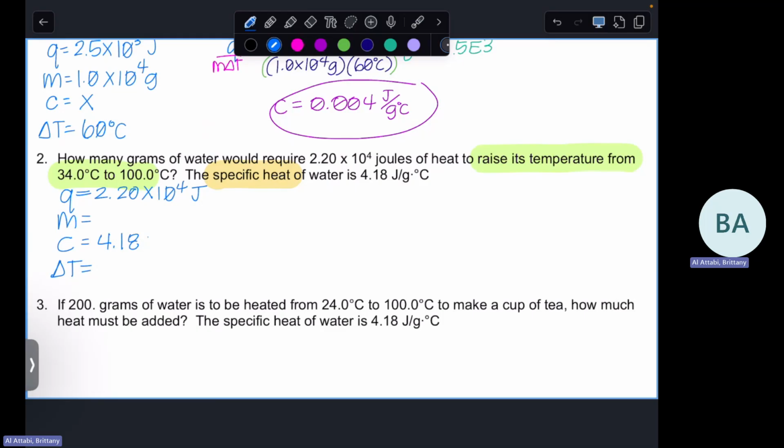Excellent. And then Armand, what's my last variable that we are given? Delta T. So how do I calculate it? Because it's not given to me as delta T. 100 minus 34. So 66 degrees.